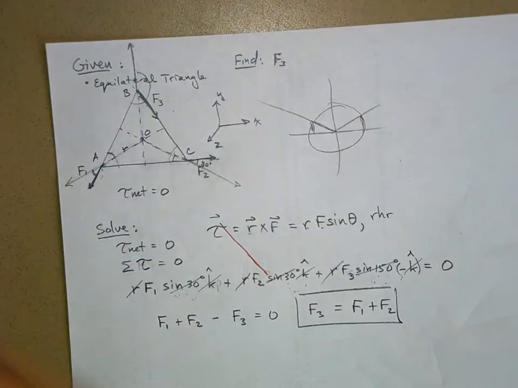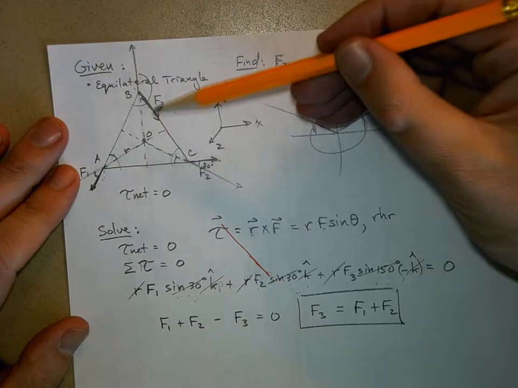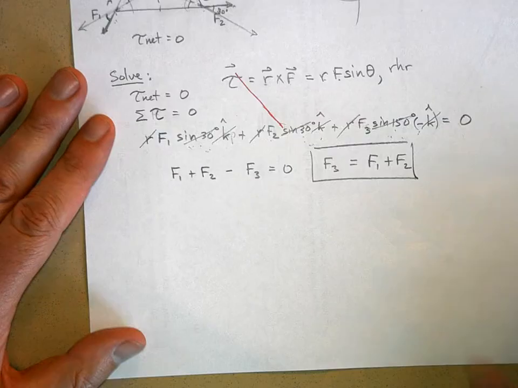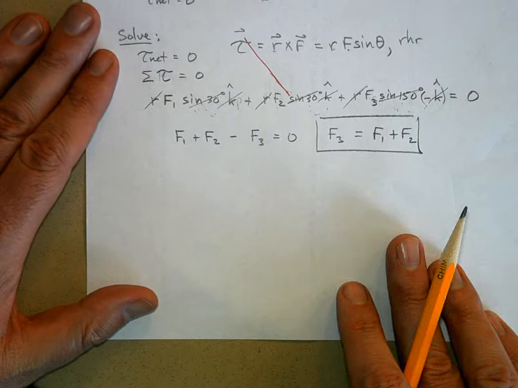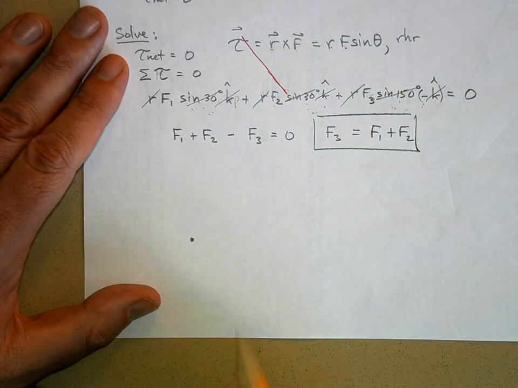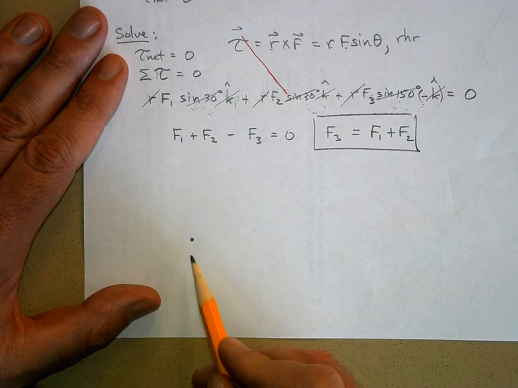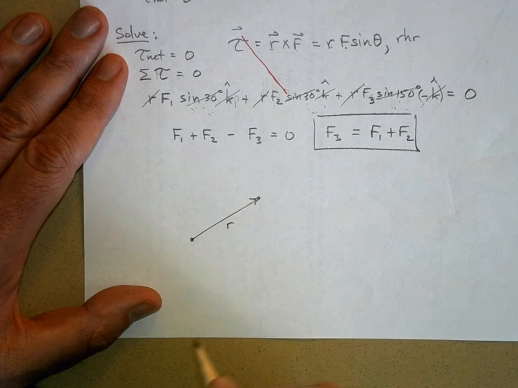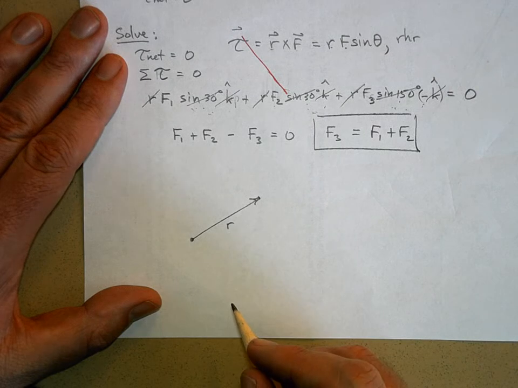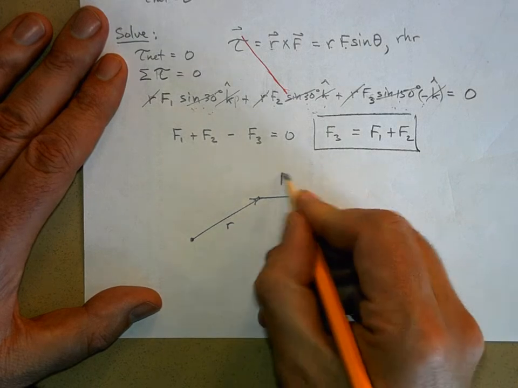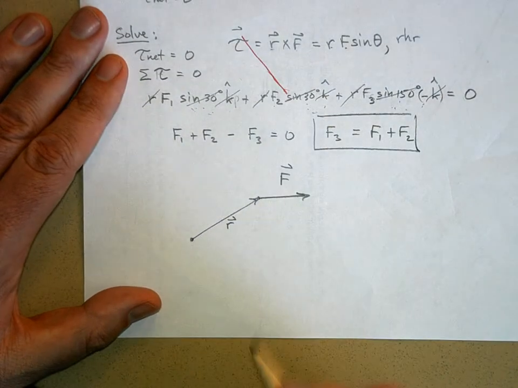Well, let's take a look at this right here. Actually, what I'm going to show you is a different kind of problem. Suppose here's my axis of rotation coming straight out, and I've got some r vector like this, and here's where the force is being applied.